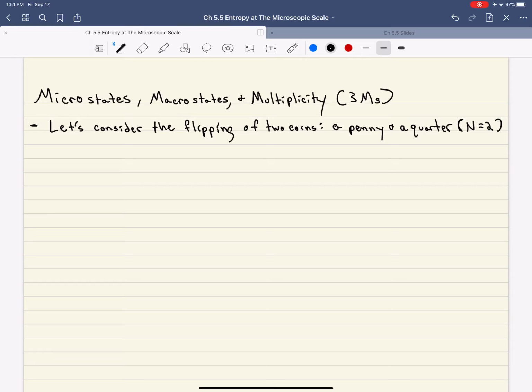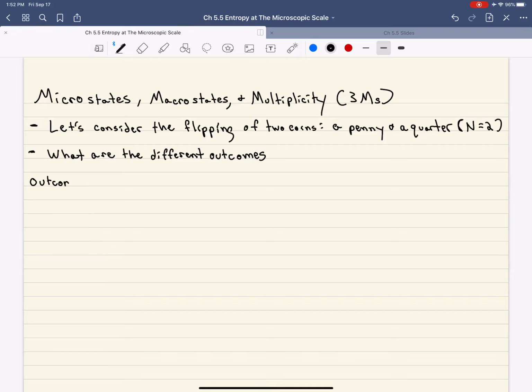Alright, and so when we flip these coins, they could either land heads or tails. There's only 2 different outcomes per coin. Right? And so what we want to do is analyze the different outcomes that we could get when we flip a coin. Okay?